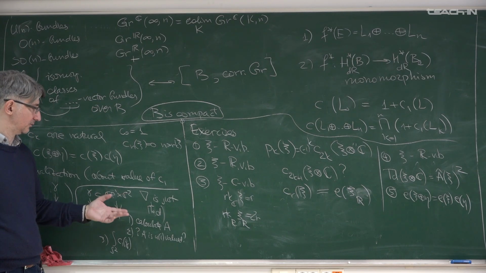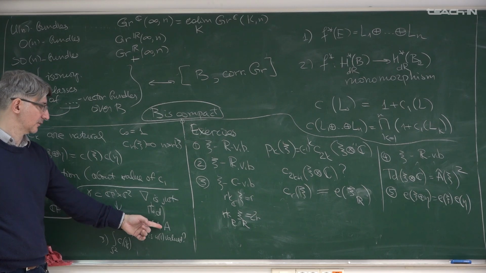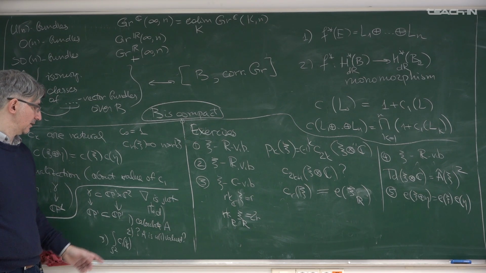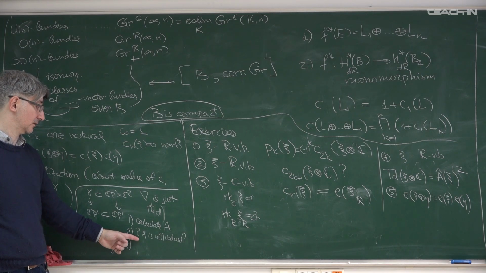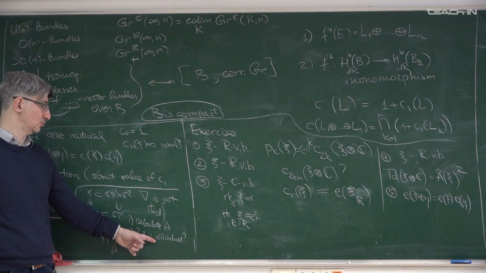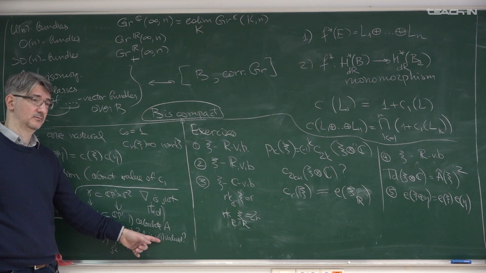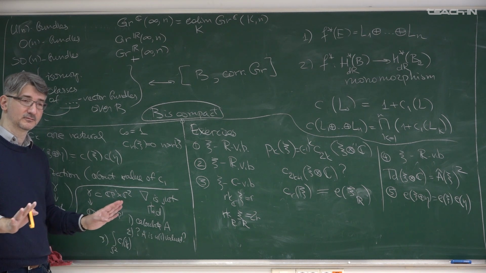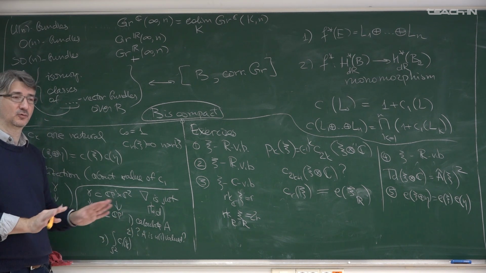The exercise is to calculate the one-forms of the connection for this nabla. It could happen that the connection form will not be U1 valued. It could happen. Nobody knows. You check. If not, then you stop. You say this approach doesn't work.